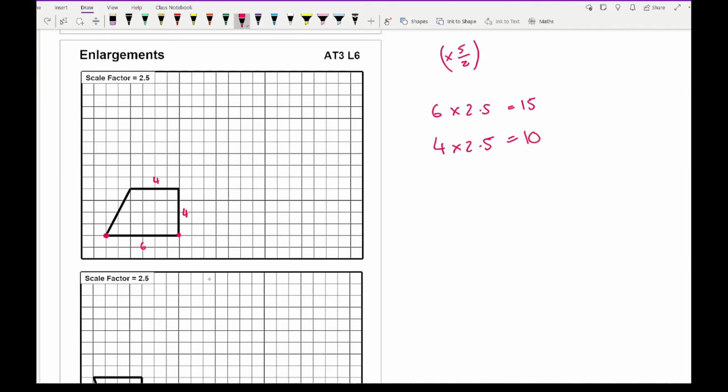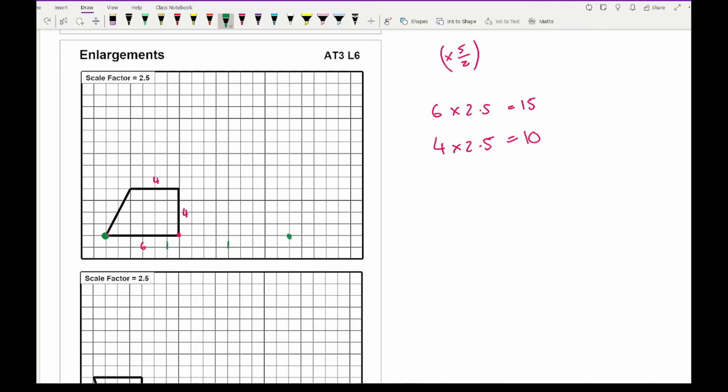So again, picking a starting point, which I'm just going to pick here. So rather than going there, this one I probably will need to overlap because I need 15 squares going across. So I'm actually going to start at this point here. So that's going to be 5 and then 10 and 15.